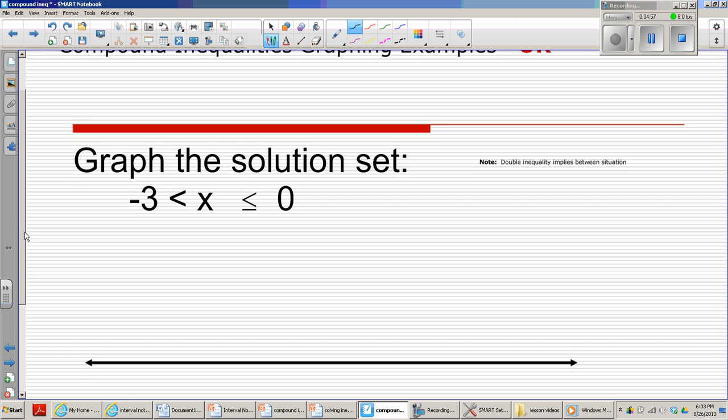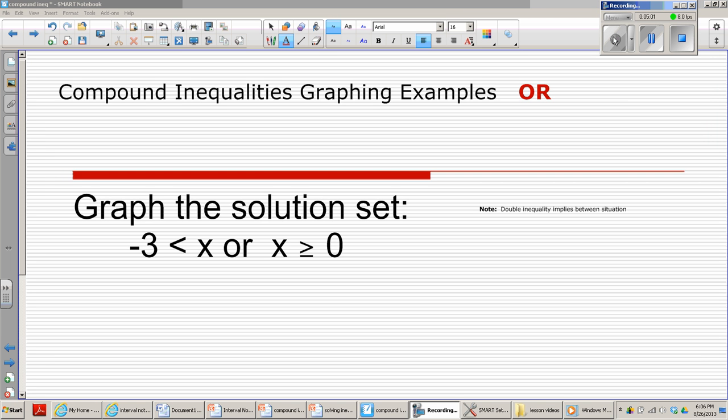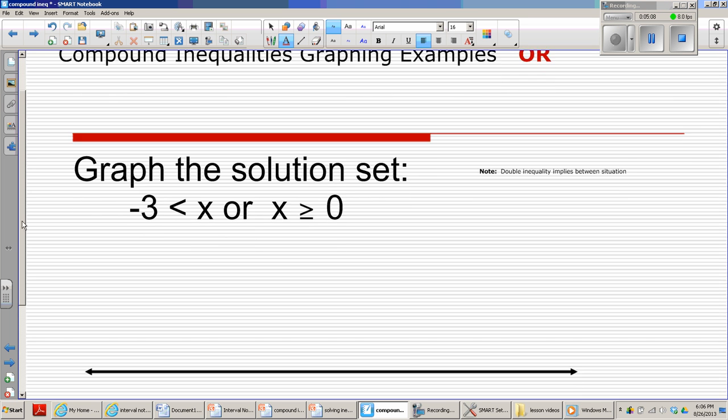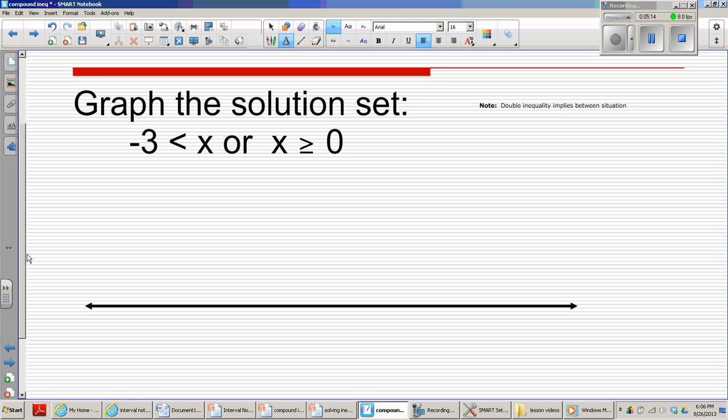Okay, let's graph an or statement here. We have negative 3 is less than x, or x is greater than or equal to 0. So I need to graph 0 and negative 3. I'm going to graph these separately, and then we'll look at it. Negative 3 is less than x.